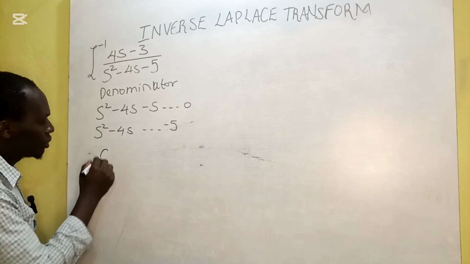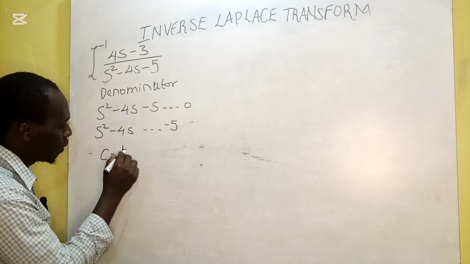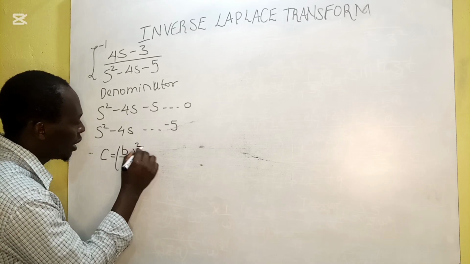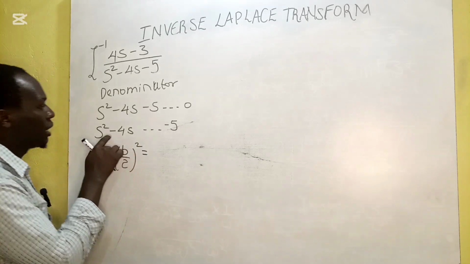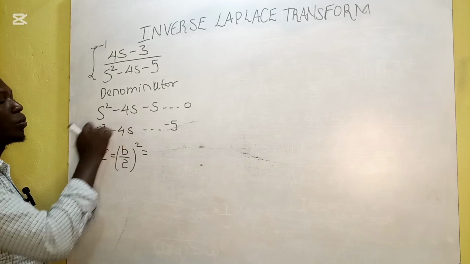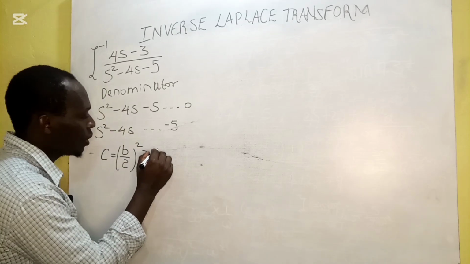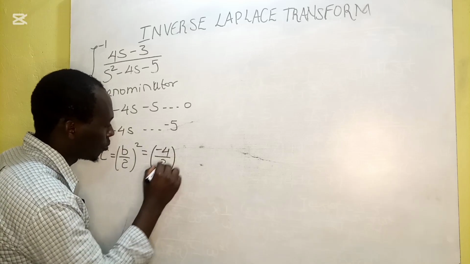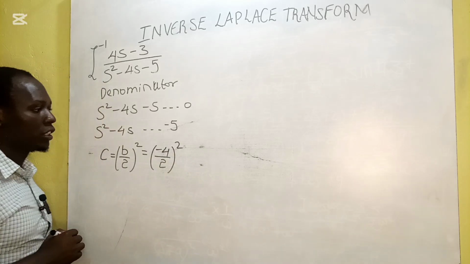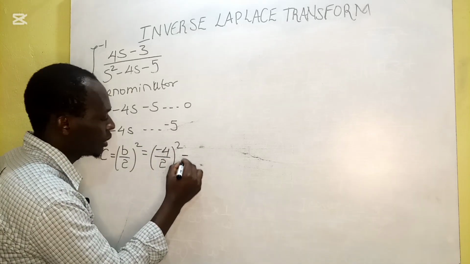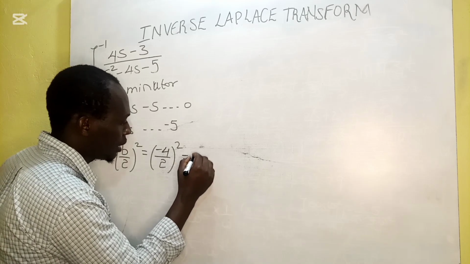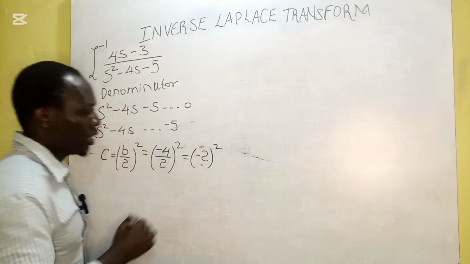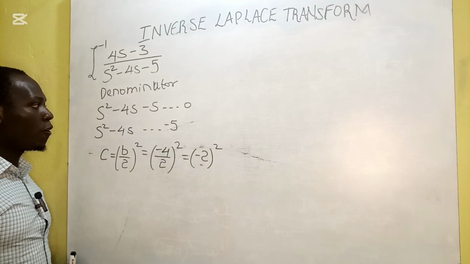We are going to have c is equal to b all over 2, everything squared, to mean that our term of b is equal to negative 4. Now we are going to have negative 4 all over 2, everything squared, to mean that here we can simplify and say negative 2 squared. This is now our term of c.